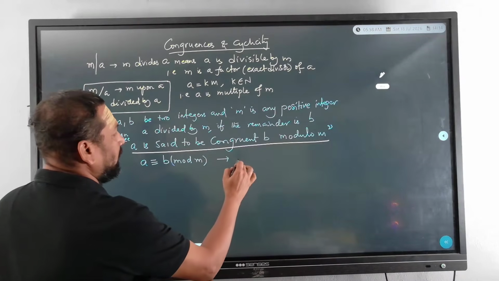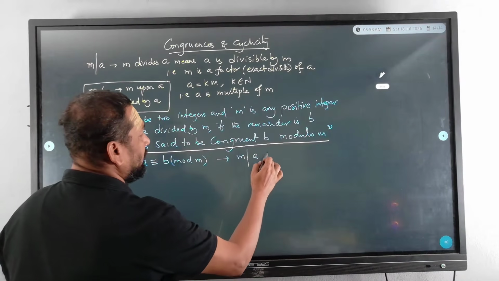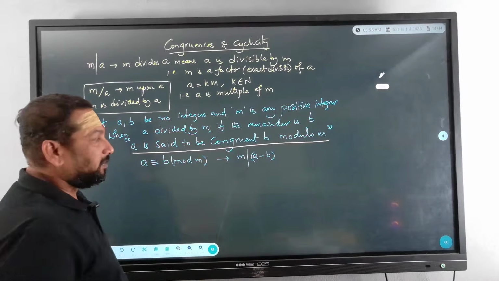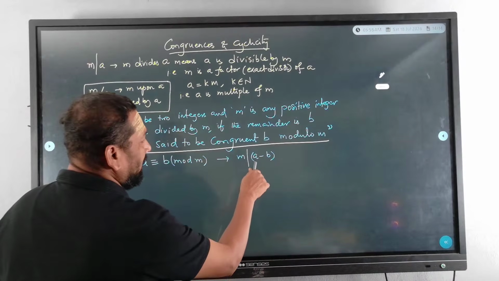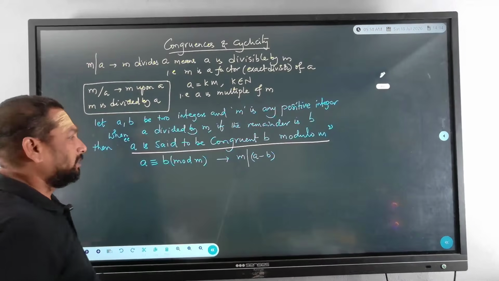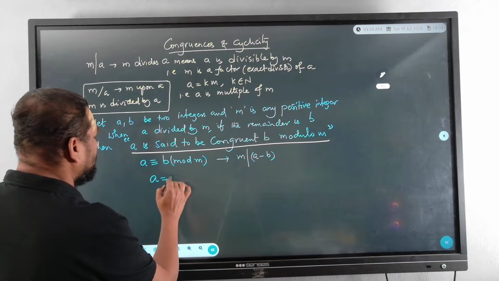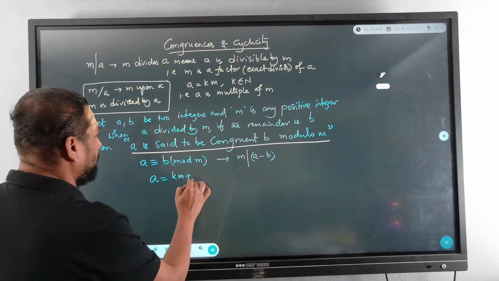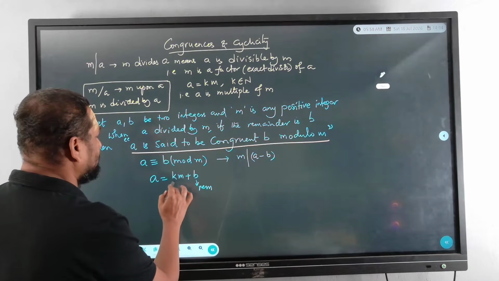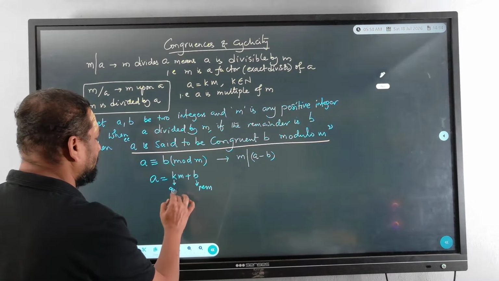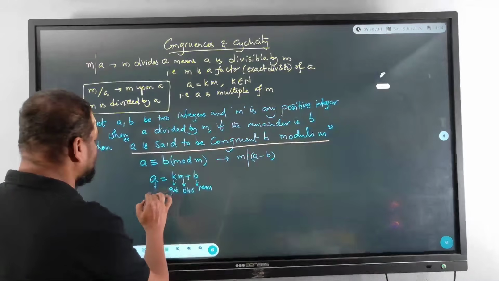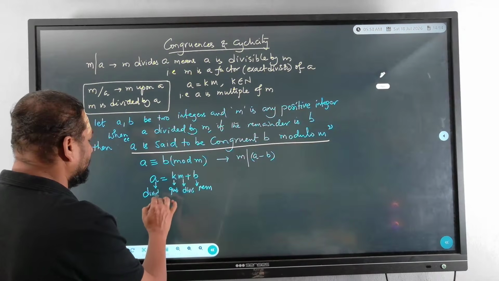Then m divides a minus b. That is, when a is divided by m, b is the remainder. So a is equal to km plus b. This is the remainder, this is the quotient, this is the divisor, this is the dividend.